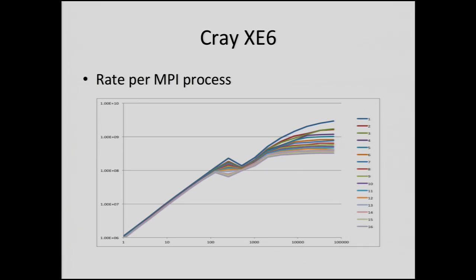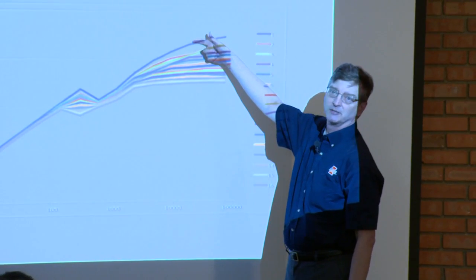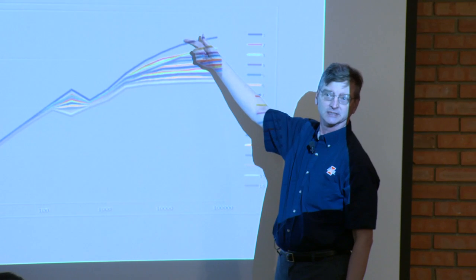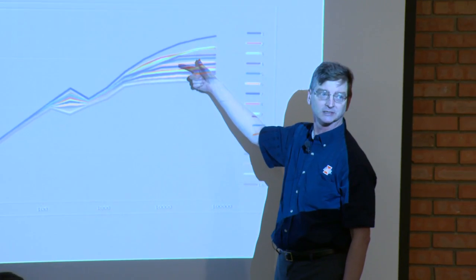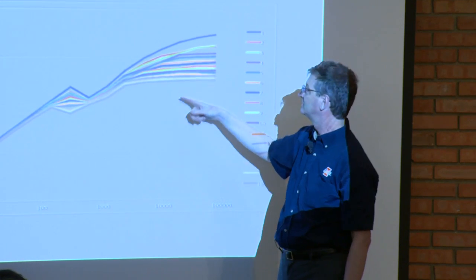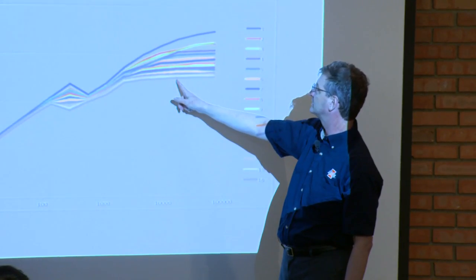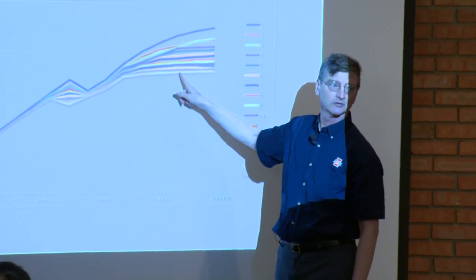Down here for short messages, the rate per process is basically constant, regardless of how many cores are sending. But as we get out to larger messages, the highest rate per process is when there's only one process sending. As soon as I have more processes sending, the rate per process goes down to the point where if I have 16 processes, I've lost almost an order of magnitude.